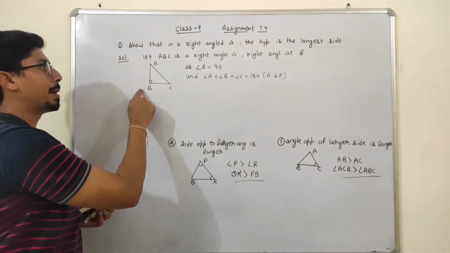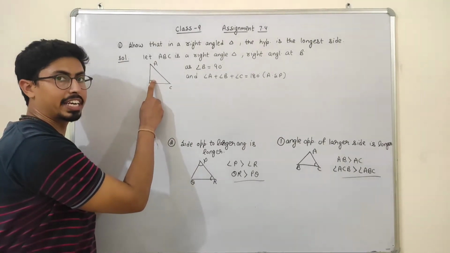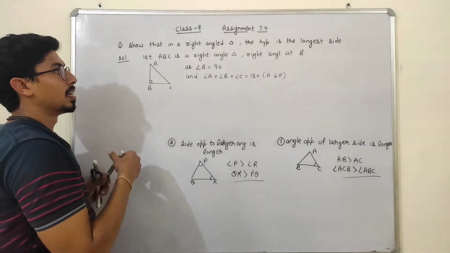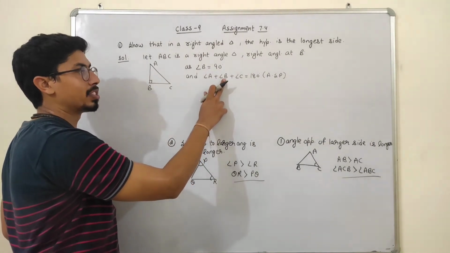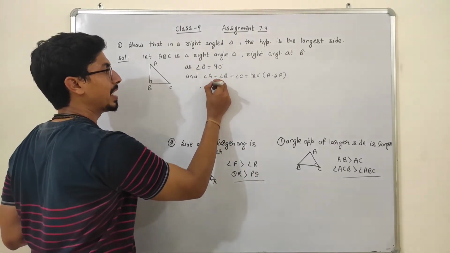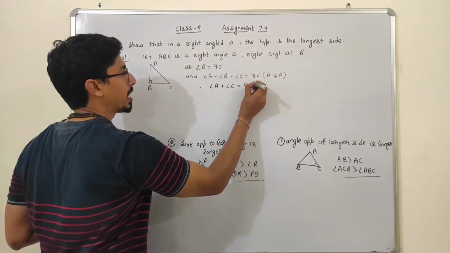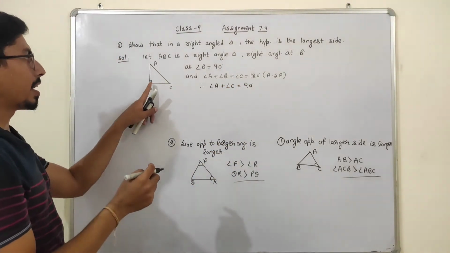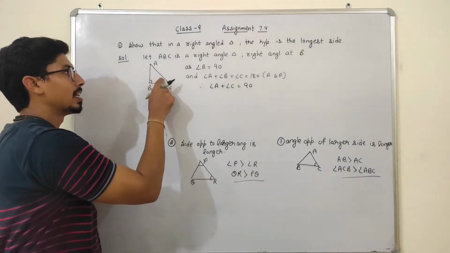In this triangle ABC, this angle is 90 degrees, so if I put the value of B, 180 minus 90 will be 90. Therefore I can say that angle A plus angle C is 90 degrees.